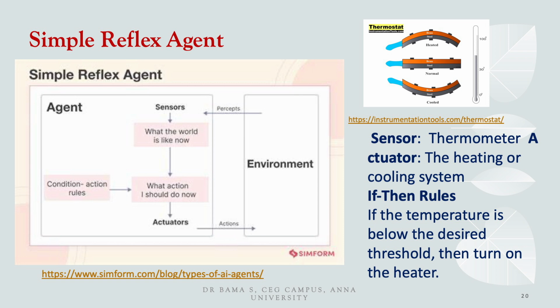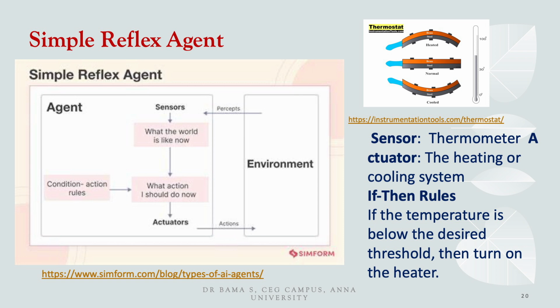Here you see the diagram where on the left side is the agent and on the right side is the environment. From the environment the agent gets perception through some kind of sensors, processes it and gives out actions. That is clear from the last discussion.